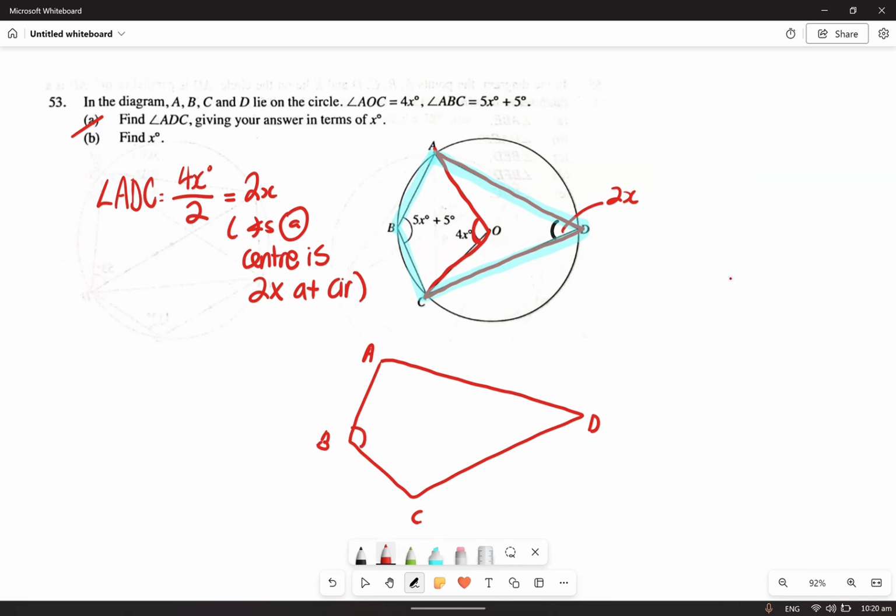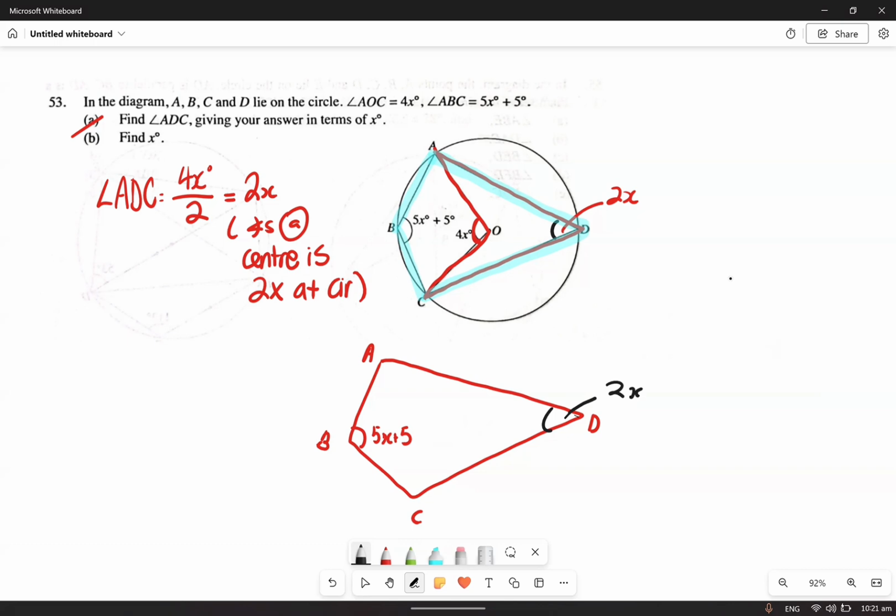Can you see that this is 5x plus 5, right? Do you agree that this is 2x? So that means opposite angles add up to 180. How many of you agree with me on that?